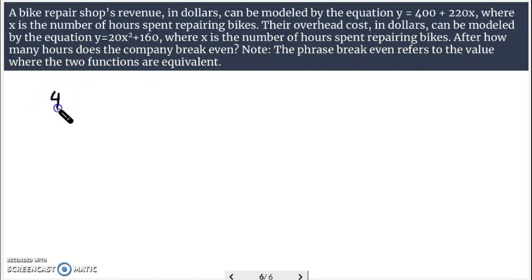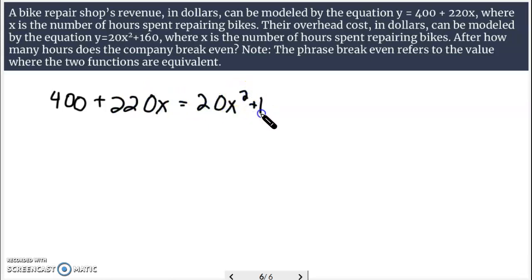So we're just going to do what we've been doing, set the two equations equal to each other. Get everything to one side.